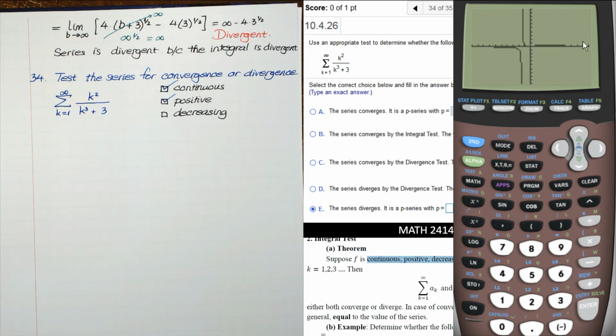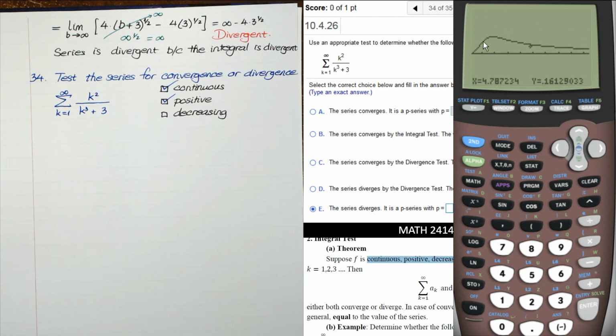I'm going to zoom in on this part, because k is only from 1 to infinity. I'm going to zoom in on this portion of the graph. Slightly, there's a problem.